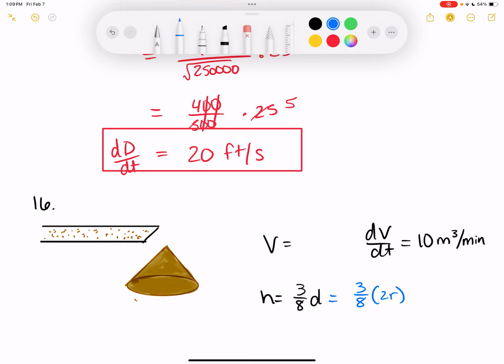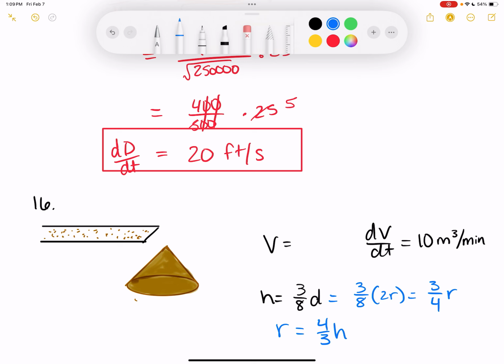Would it be good to denote that as D sub B, as in diameter of base? It's not really gonna matter. I know, but still. If you want to do that, you can do that. I'm not going to. And I will. So this is 3/4 r. So the height is 3/4 of the radius. Or we could say that the radius is 4/3 of the height. Either way. We may need both of those.